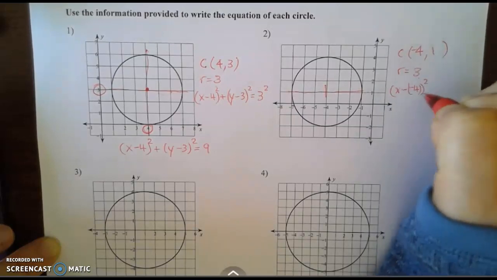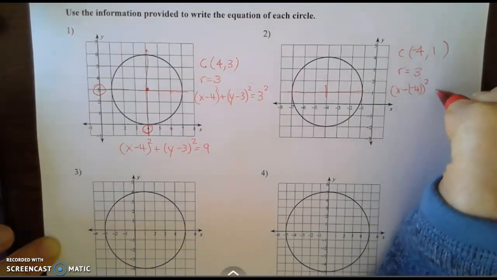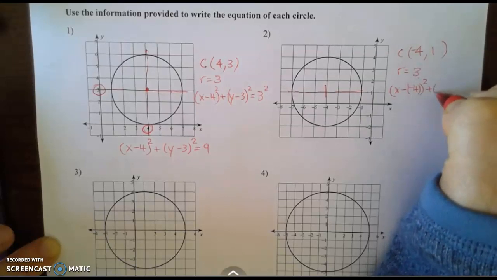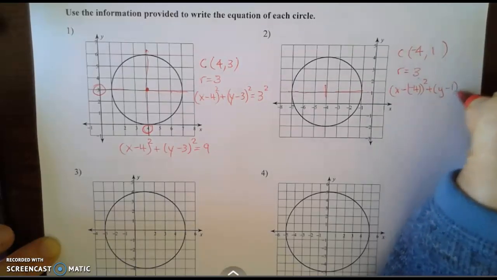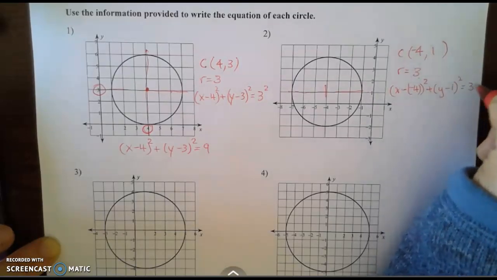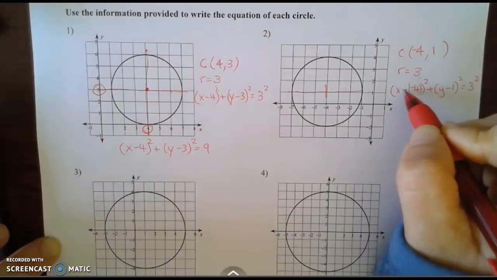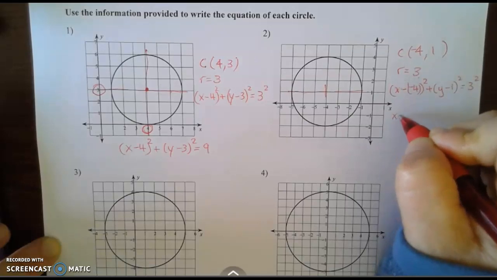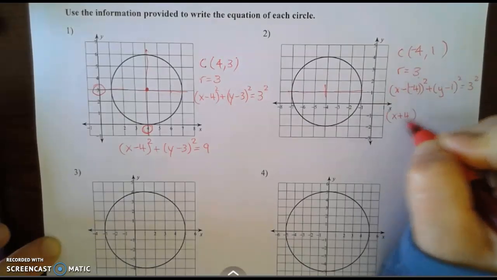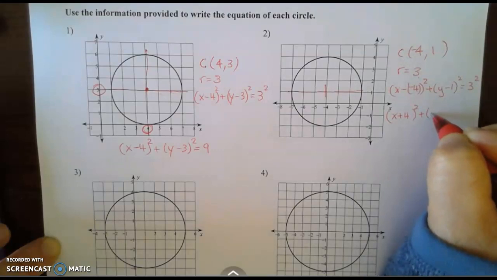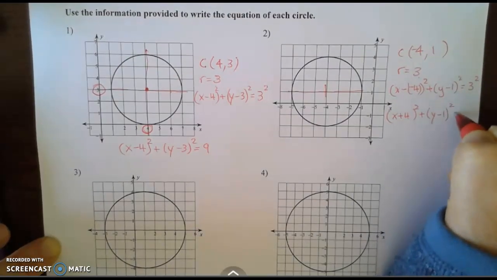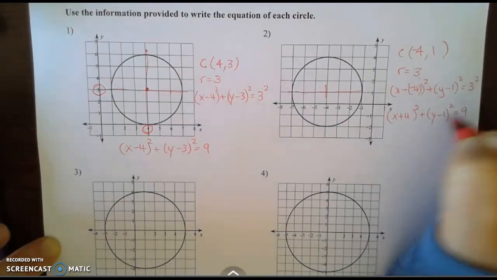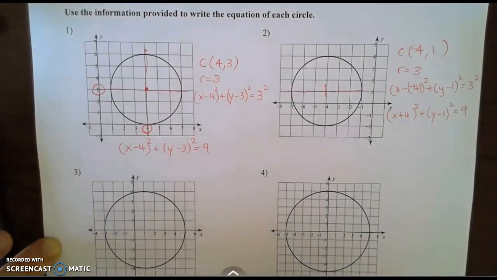I'm going to put that in parentheses so that I do not lose my negatives, plus (y minus 1) squared equals 3 squared. Now, x minus negative 4 simplifies to x plus 4, so (x plus 4) squared plus (y minus 1) squared equals 9. And I have my equation.